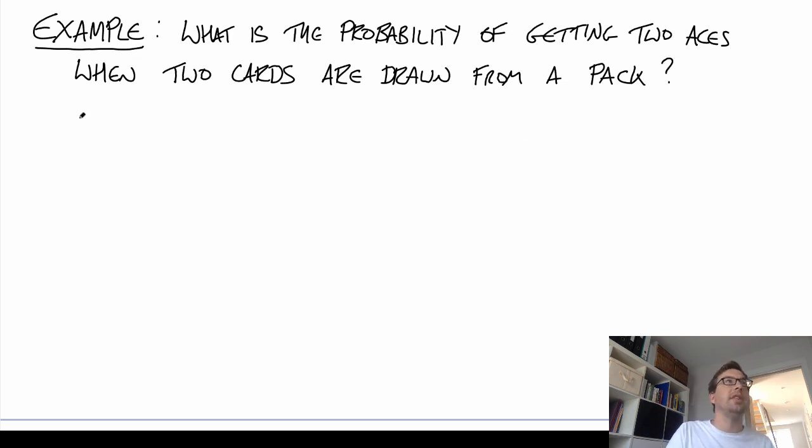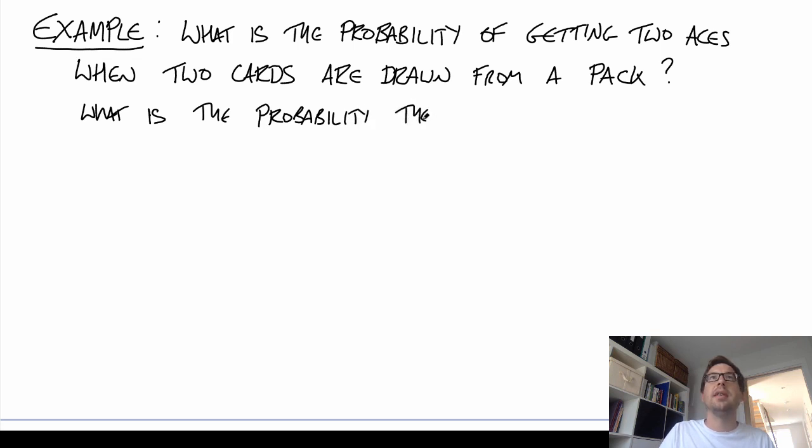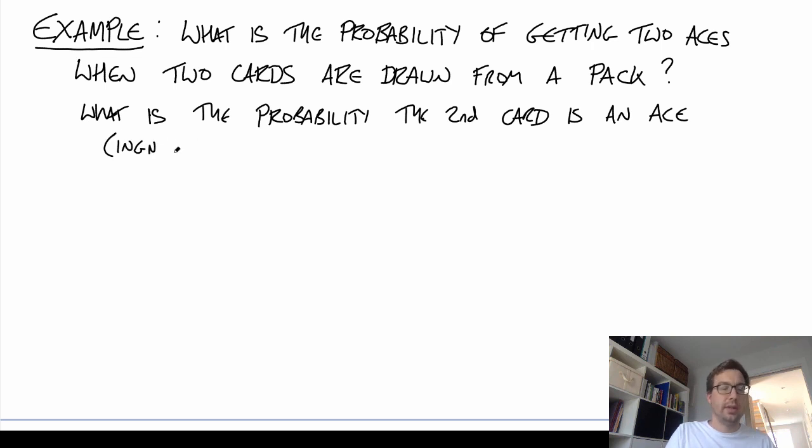Another question which I'll ask is, what is the probability the second card is an ace, ignoring the first card? Here we're going to ignore what happens with the first card and just ask: I'm going to take 2 cards out of a pack, I give you 2 cards, what's the probability the second card that I give you is an ace?